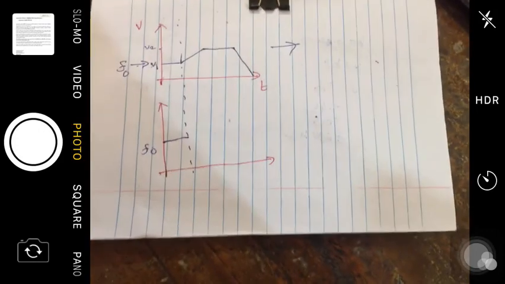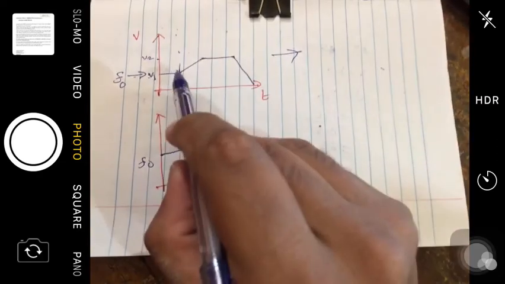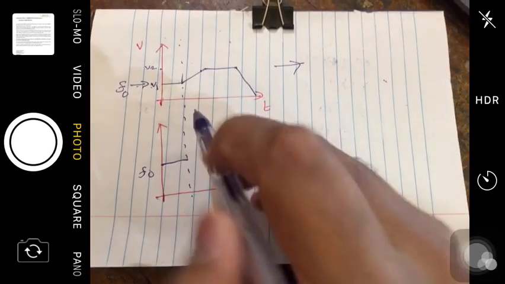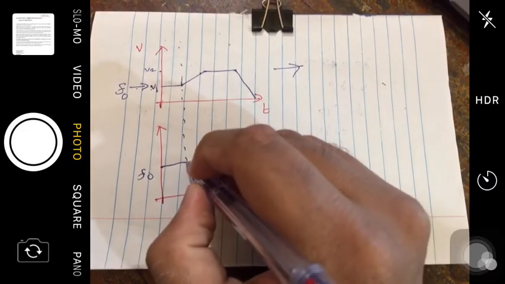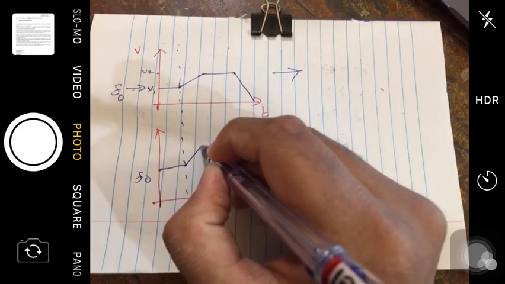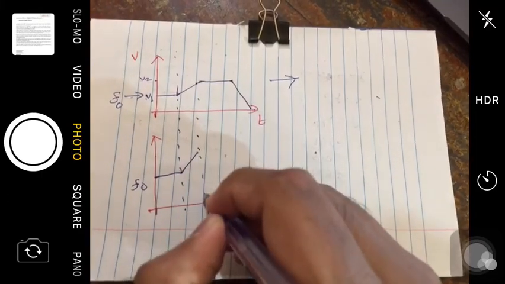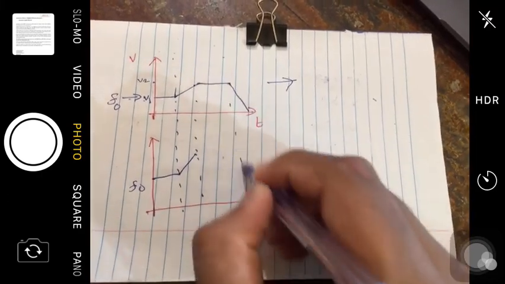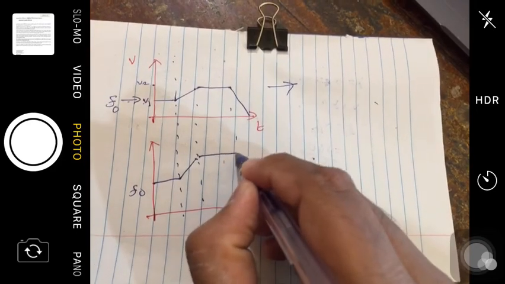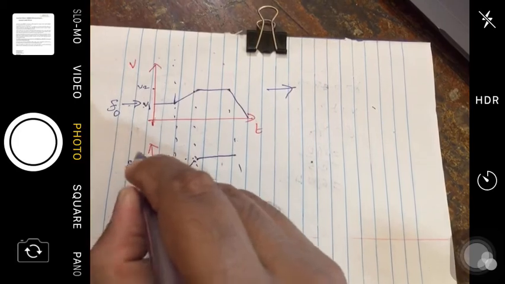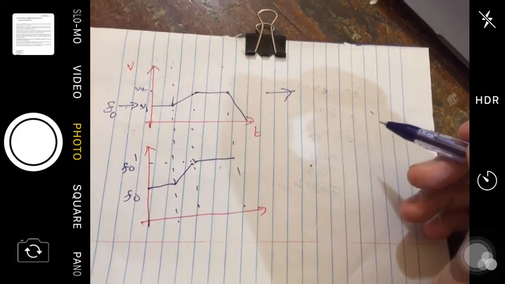And then the speed increases. When the speed increases, the observed frequency should also increase. It will reach a higher observed frequency here, and it will remain at that higher observed frequency. So this will be f0 dash, the higher observed frequency.